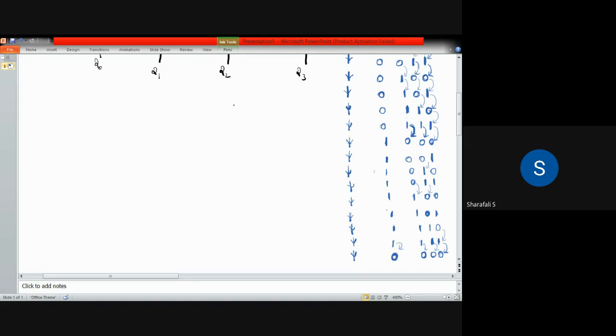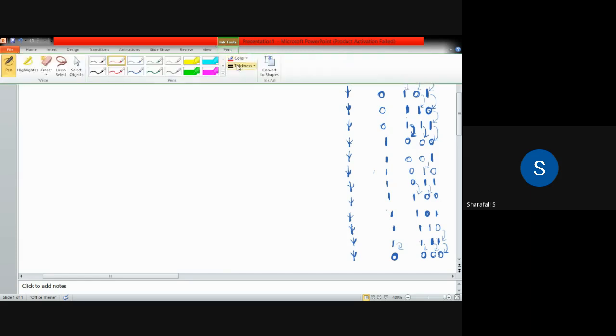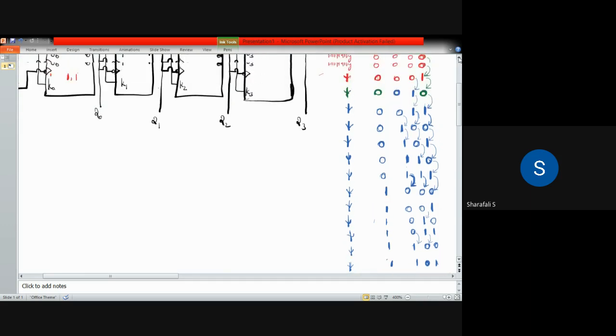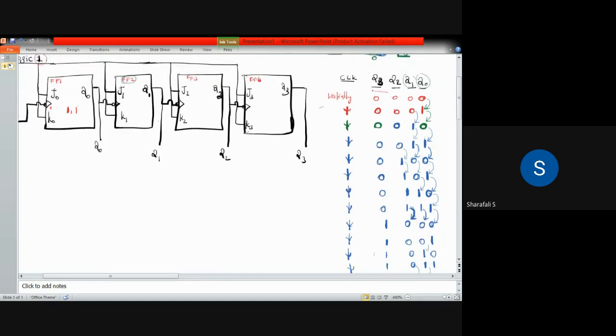So now the flip flop retains its initial state, as you can see from here. This state is the same as what we started with. You can see both states are the same. So if you count the number of states, you will have 15 states. So this is a mod 15 counter, as you can see.